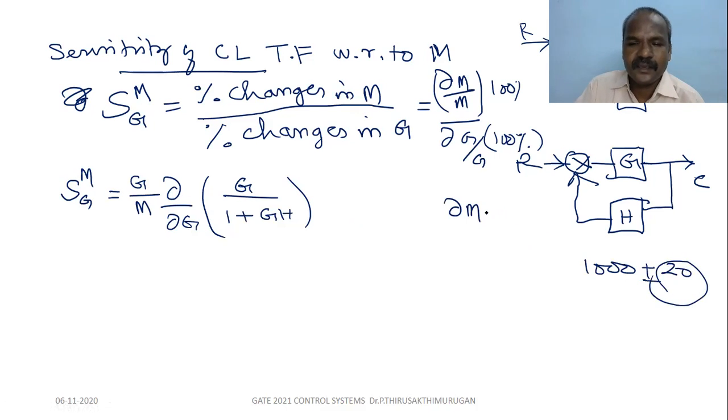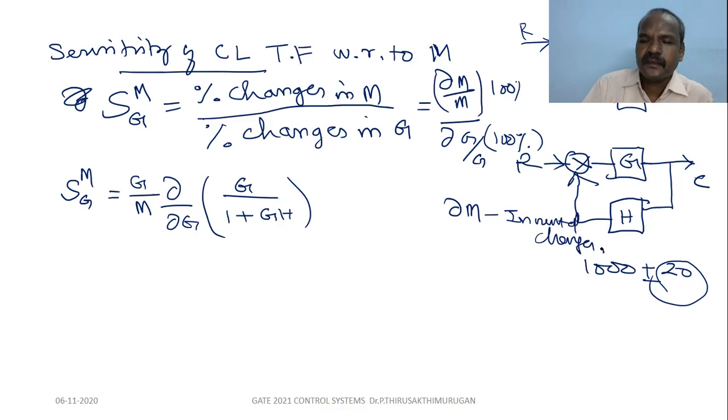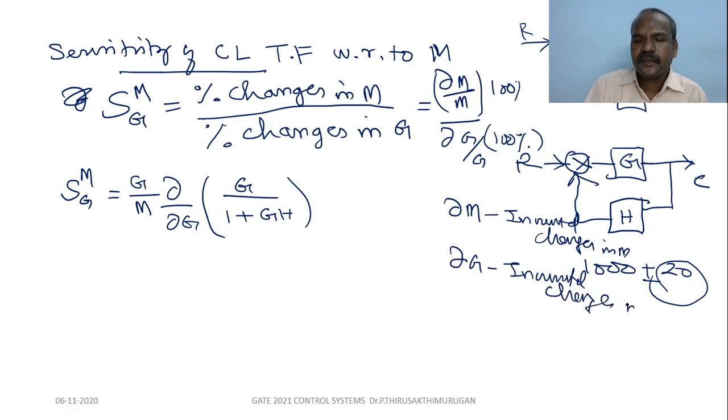So dou M denotes the incremental change in M, and dou G denotes the incremental change in G. If you differentiate this equation, we will get G by M times the derivative.